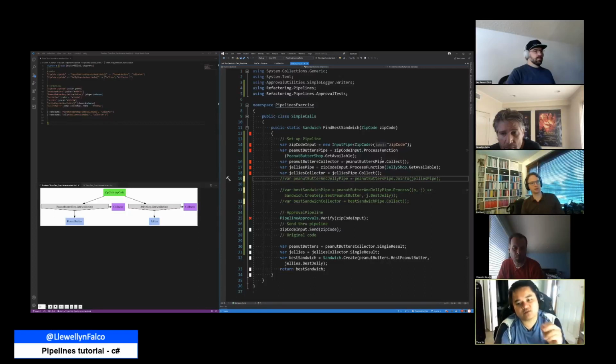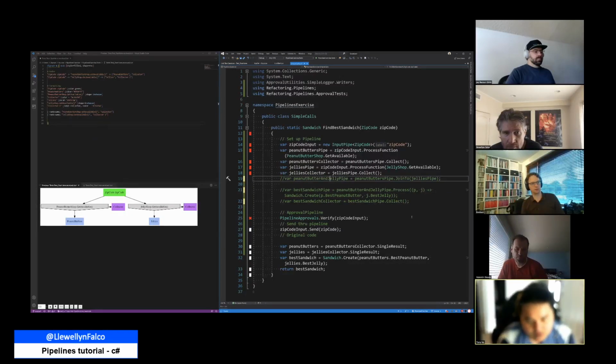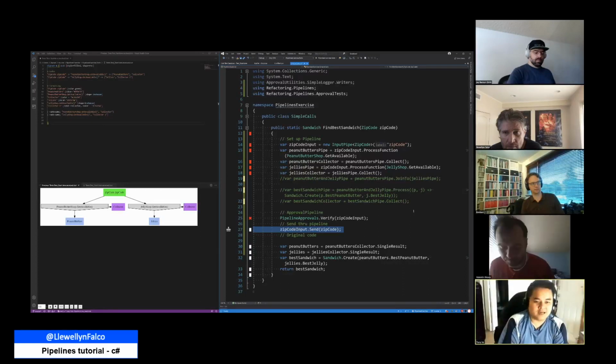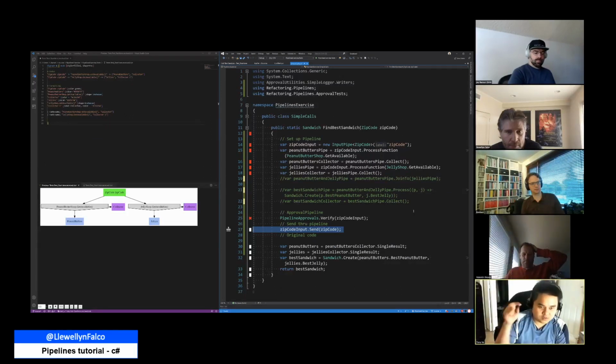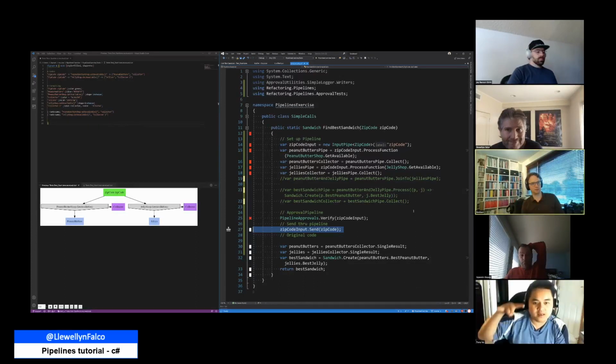Yeah, so let's forget about the combine for now. What if, on line 27, when we send the zip code over, that input will go through both of the pipelines? Mm-hmm. Oh, okay. That's interesting. So there will be two pipelines automatically hooked up to the zip code, and the moment that we send the input over, the input will go through both of the pipelines at the same time.